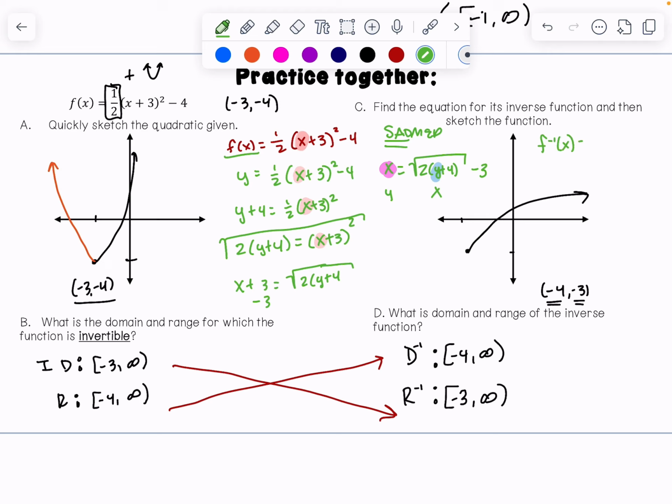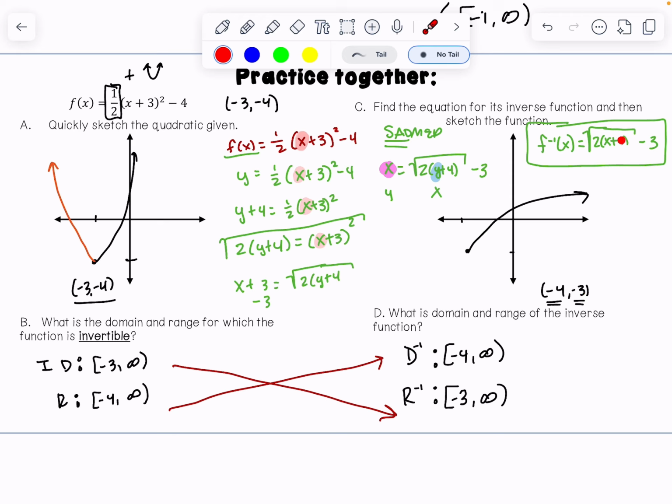That means the inverse function is equal to the square root of 2x + 4, minus 3. So this is actually my equation. Once again, that last step is making sure that the variable that's acting as the input goes back to being x, and the variable that's acting as an output goes back to being some form of y with the inverse notation on it.